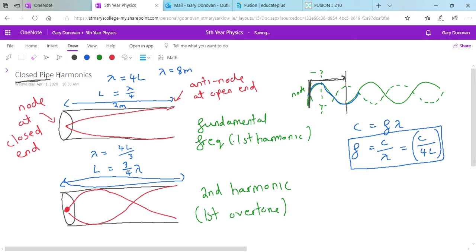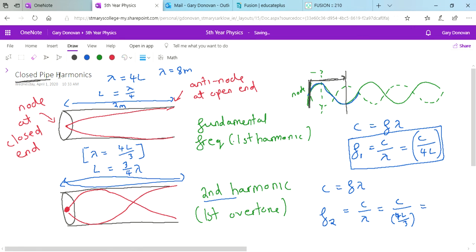Now let's go back to this equation here. Let's do the same thing to find the frequency for case number 2, our second harmonic. c equals f lambda. Let's call our first harmonic f1. Our second harmonic f2 will be c divided by lambda, which is c divided by 4L over 3, because lambda equals 4L over 3. I have that written down over here.